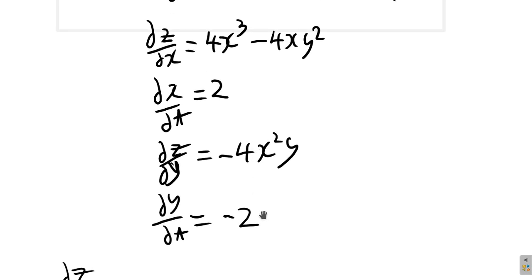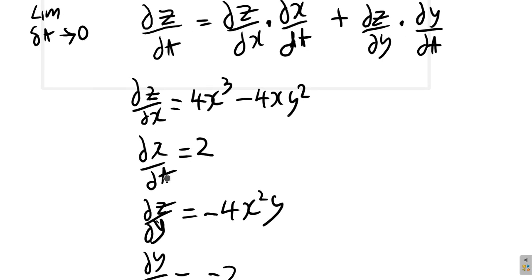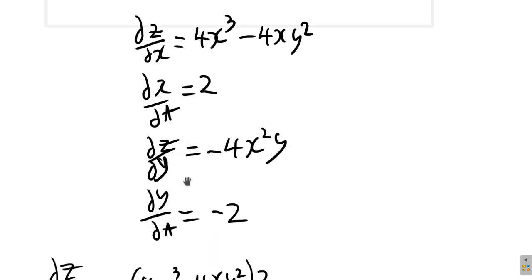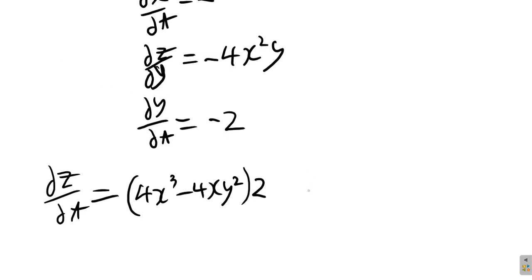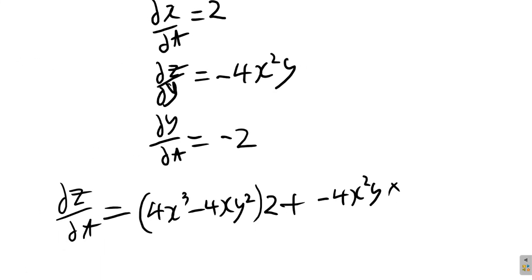So you have 4x cubed minus 4xy squared times 2, plus, and we have it here, negative 4x squared y multiplied by partial y by partial t, which is negative 2.